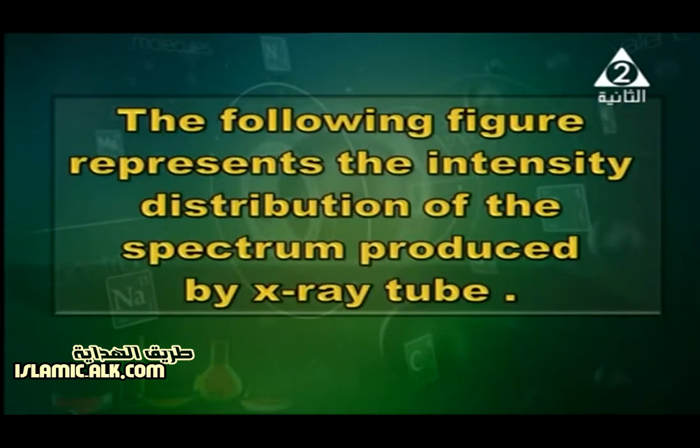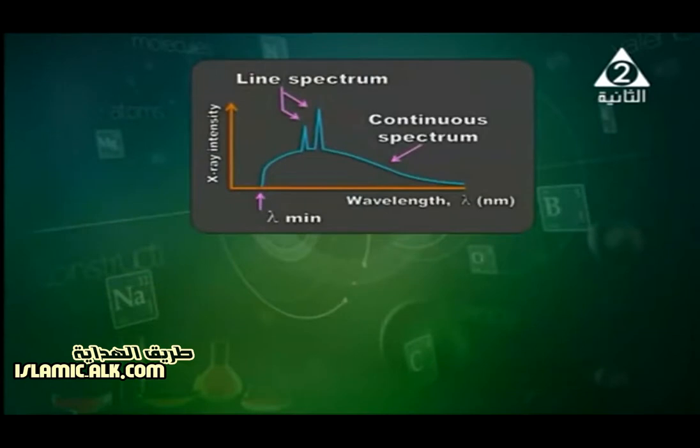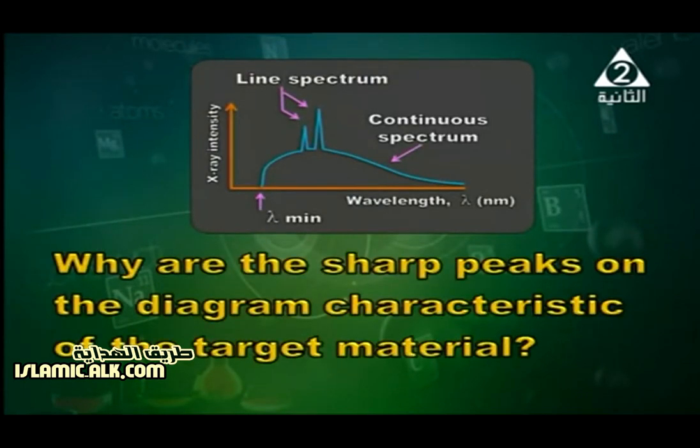Another type of question: the following figure represents the intensity distribution of the spectrum produced by an X-ray tube. Why are the sharp peaks on the diagram characteristic of the target? Sharp peaks are the line spectrum.